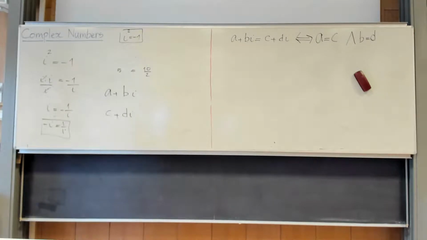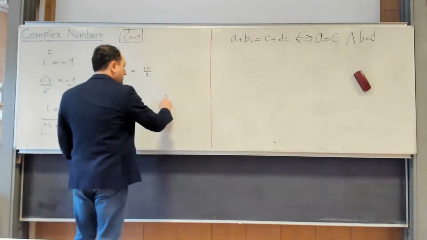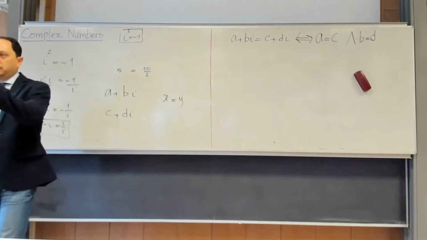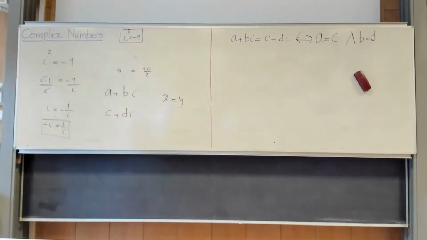So this is why, by the way, complex numbers are so powerful. The reason is, if I give you equality of two real numbers, how many pieces of information am I providing for you? If I say that number X is equal to number Y, how many pieces of information am I providing? Two?